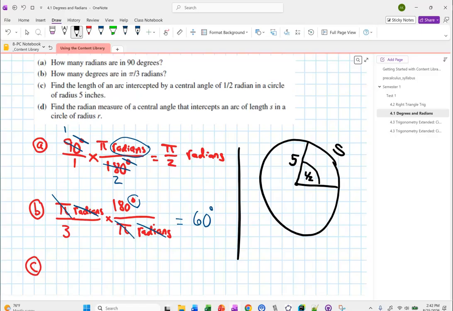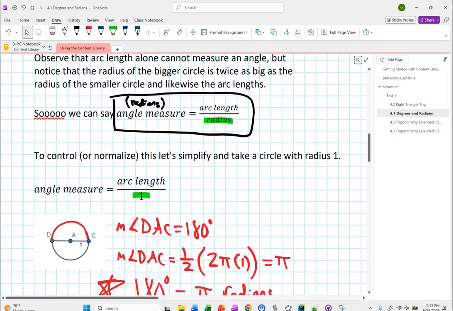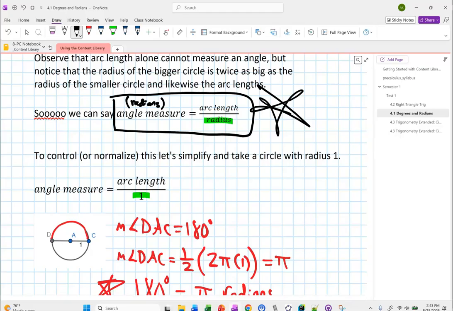Radius, angle in radians, arc length. How are those all related together? This guy right here, right? Angle measured in radians is equal to arc length over radius.